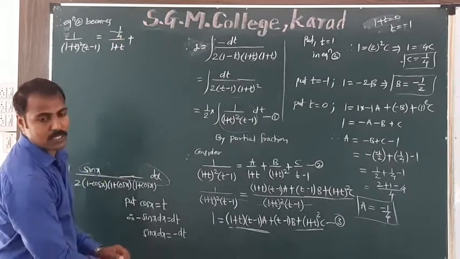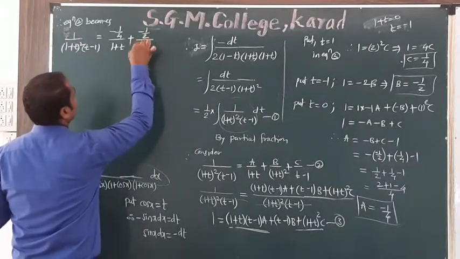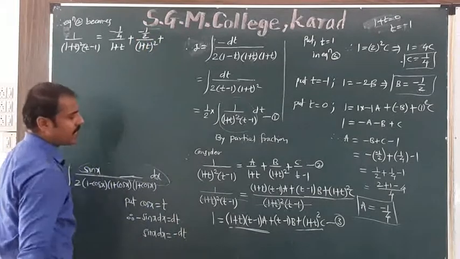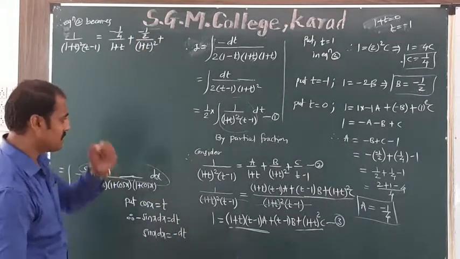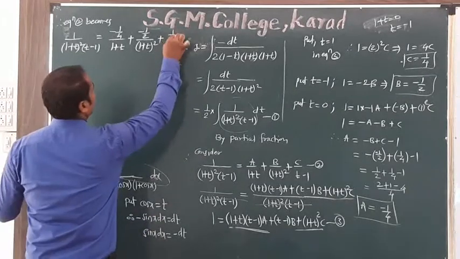Minus 1 upon 2 divided by 1 plus t bracket square, plus c divided by, what is c? C is here 1 by 4 divided by t minus 1.